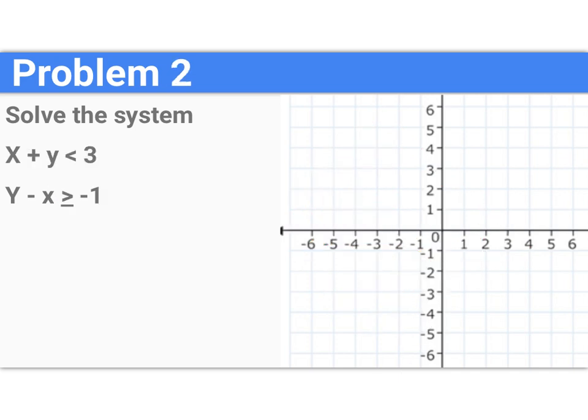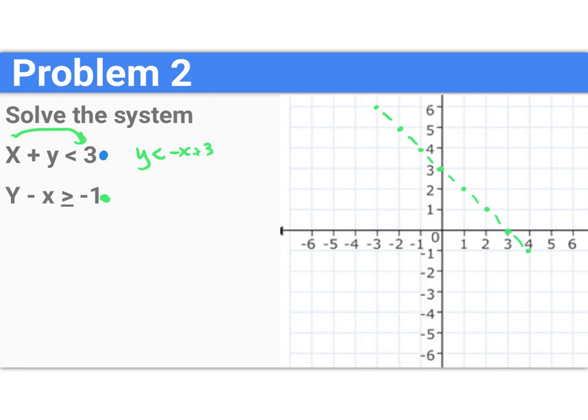Okay, again, we'll do this line in blue, this line in green, and the solution set in black. So you've got to move your x over here. So y is less than negative x plus 3. It's not underlined, so it's a dotted line, which means no solution lies on the line.